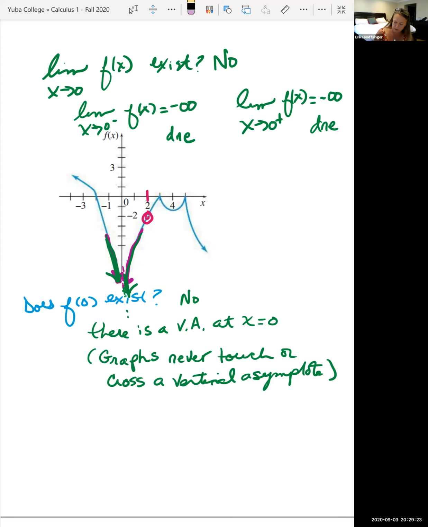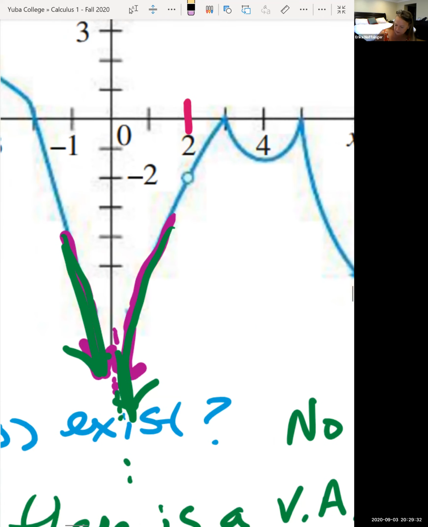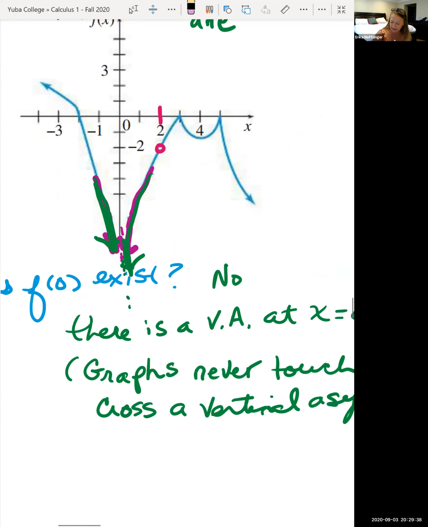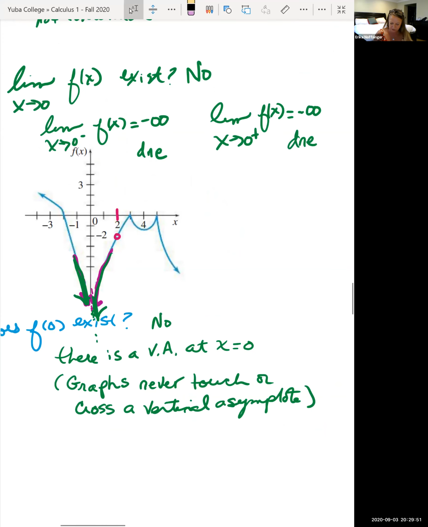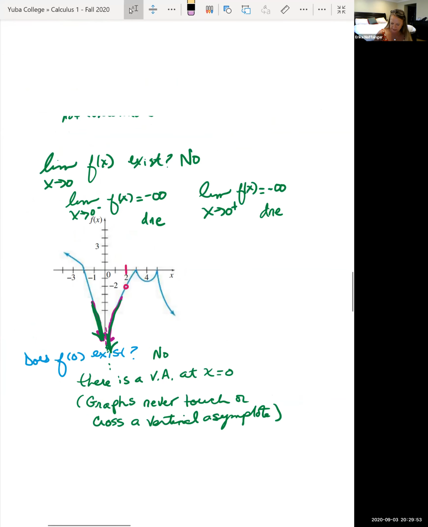I just closed it. So that's supposed to be open. And since that's open, that means it doesn't exist unless there's some point above x equals 2, which I don't see, or below x equals 2, which I don't see. And so x equals 2 is also a place where it's not continuous.